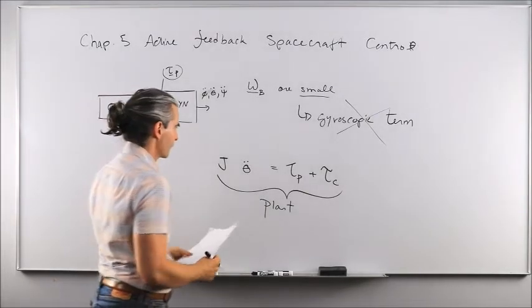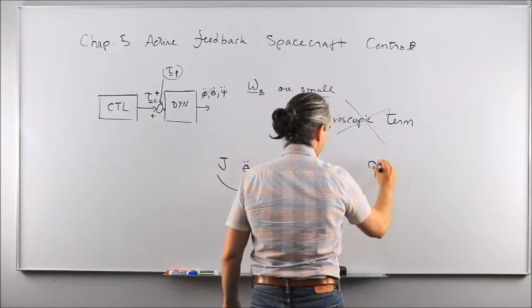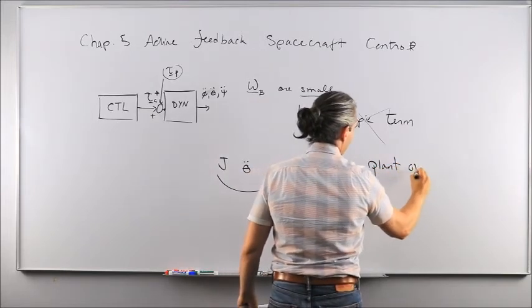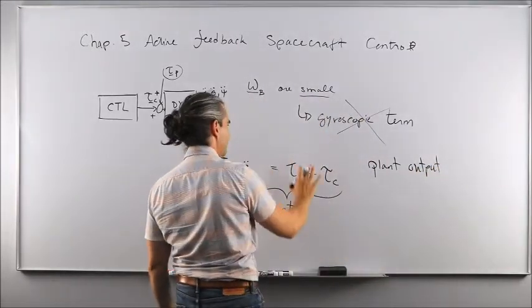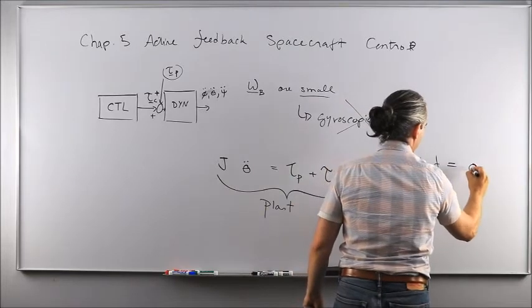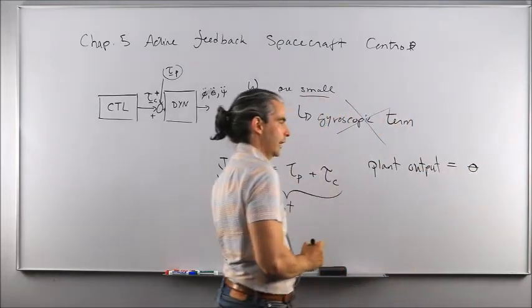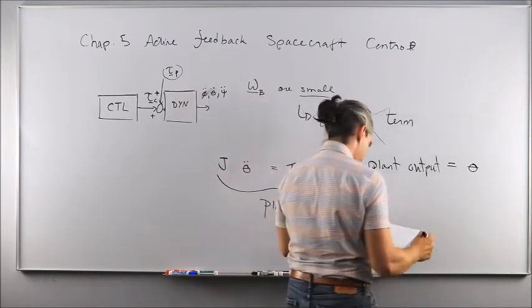Okay? So we're going to say that based on that, the plant output, or the output of the system being controlled, will be a rotational angle, theta, generically speaking.